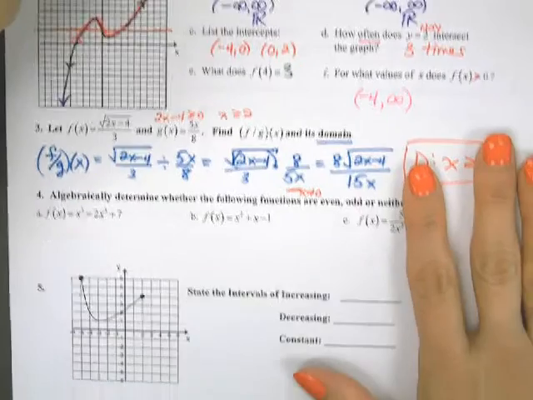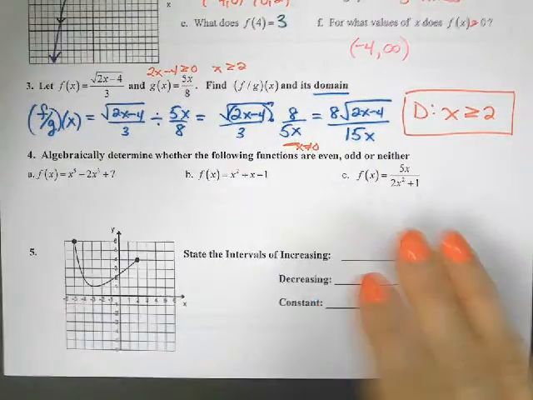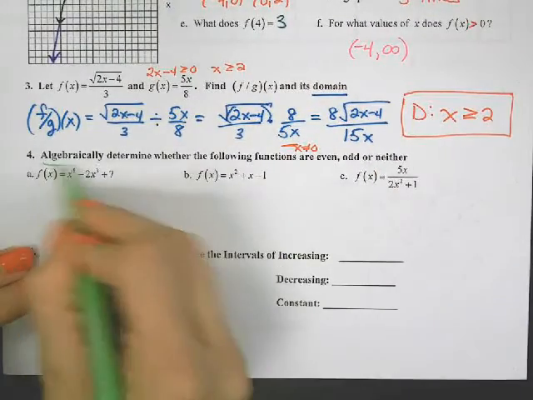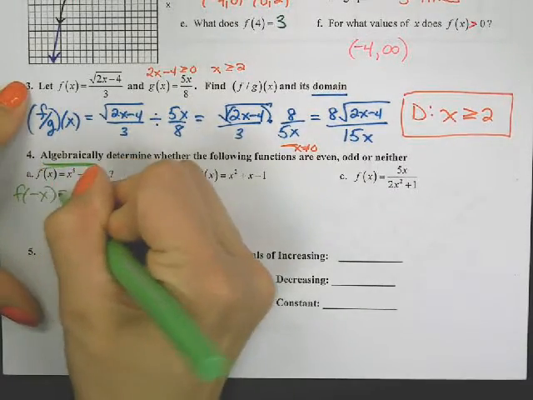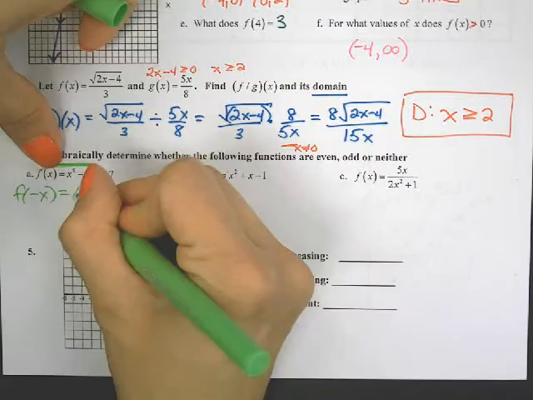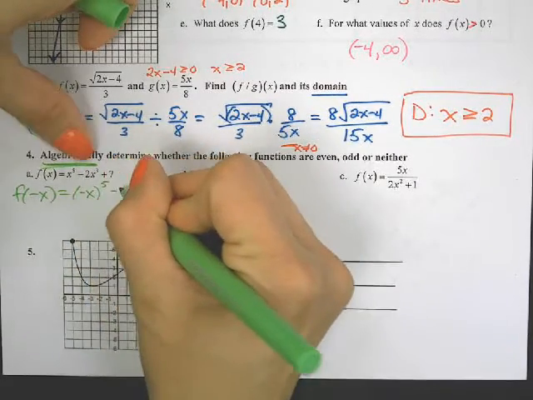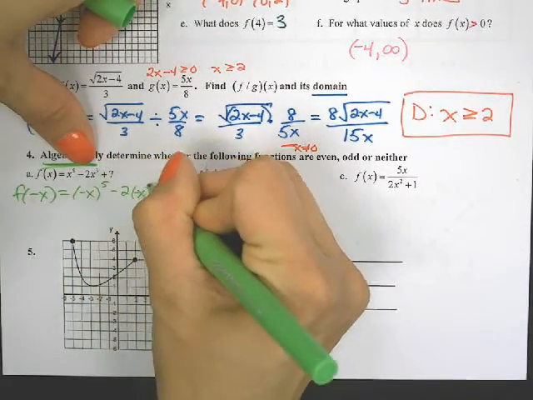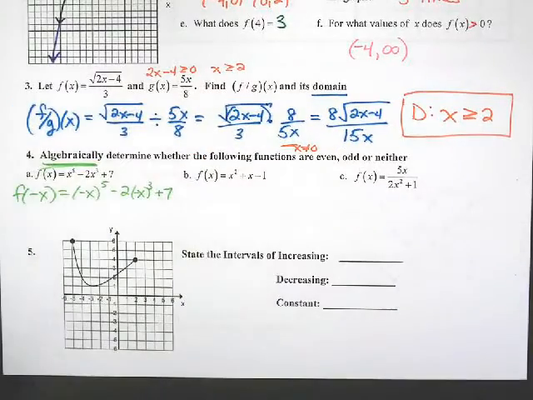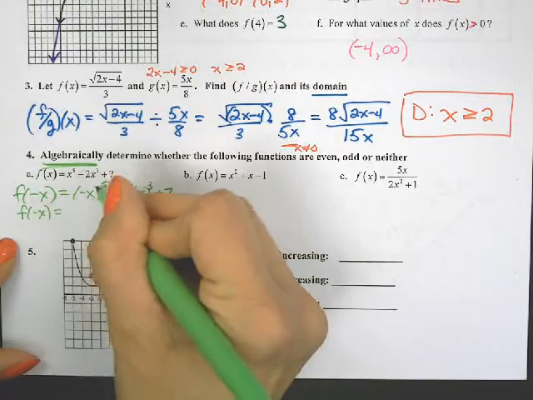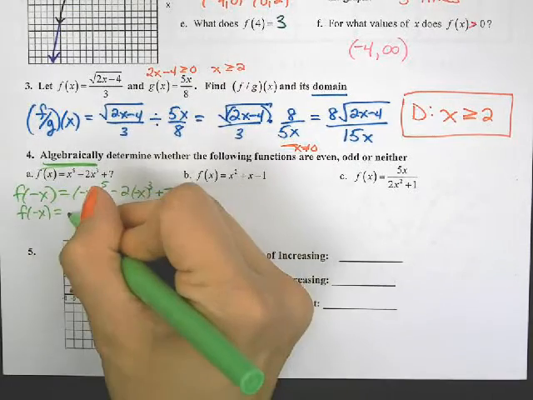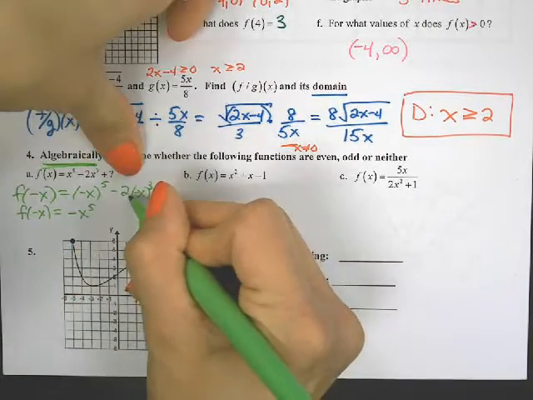Okay, something else that we studied was even, odd, or neither. And the way that you algebraically calculate this is you do f of negative x. So let's plug in negative x using some good parentheses here into the equation. And then you simplify it and see what you get. So f of negative x is, let's see, since it's an odd power, negative x to the 5th.